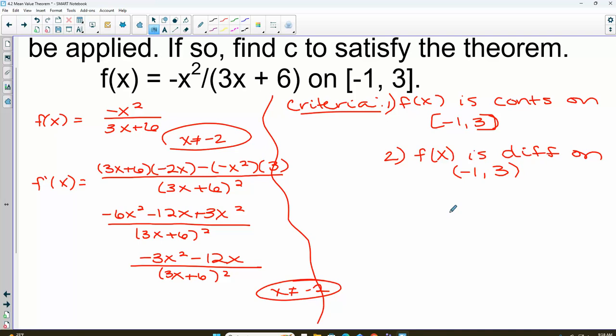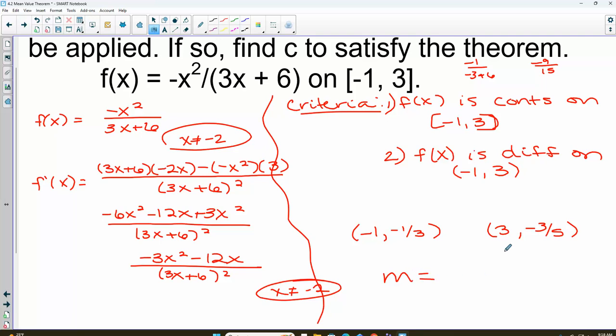So mean value theorem says somewhere this derivative has to equal the slope between the endpoints. So we have to plug in our endpoints. So if I put in negative 1, what do we get? Negative 1/3. And if I put 3 into my function, I get negative 3/5.